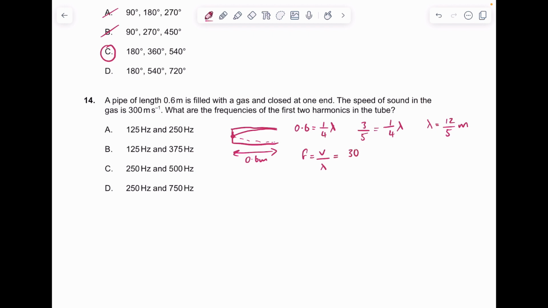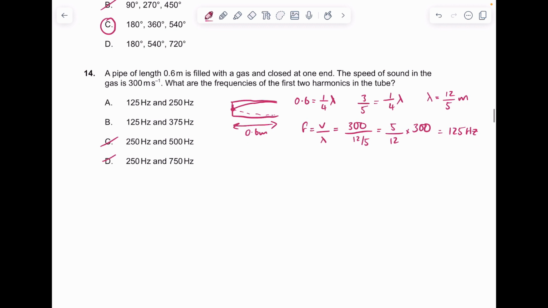So V is 300 metres per second, lambda is 12/5, which gives me 5/12 multiplied by 300. You can do the multiplication and the division on that, and that is 125 hertz. So it is A or B. Quick check then on the second harmonic. So the second harmonic will just add a node.